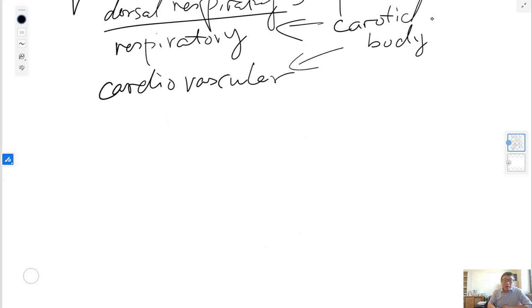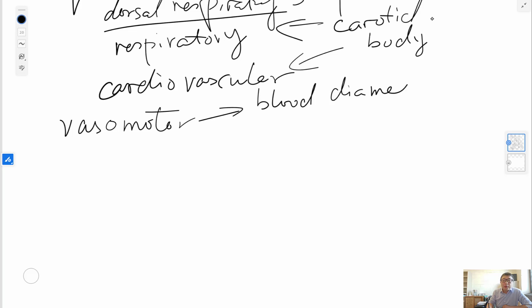And then next, here we focus on the third center, called the vasomotor center. The vasomotor center regulates the blood vessel diameter. It basically sends out information, mainly through sympathetic nerves, to trigger blood vessel contraction.